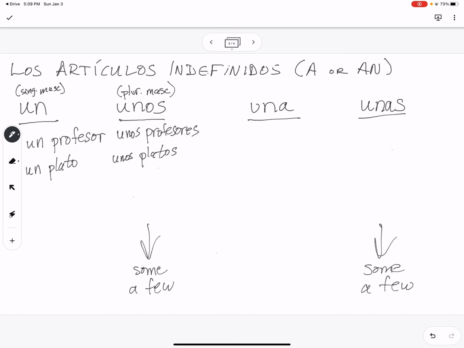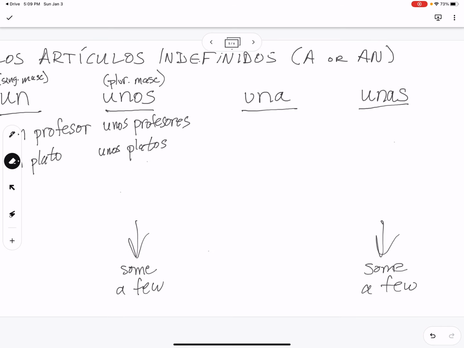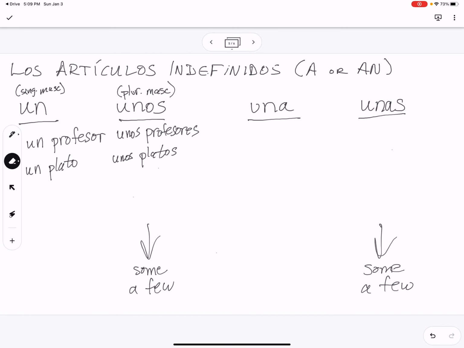Now let's go over to the opposite side of the screen for una and unas. So let's stick with teachers here because teachers are often female. So let's do una profesora.